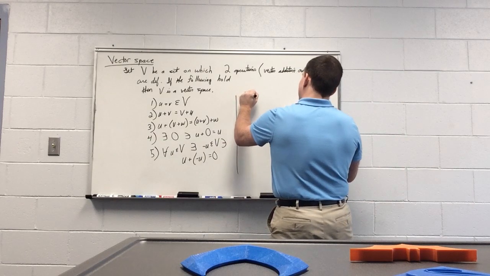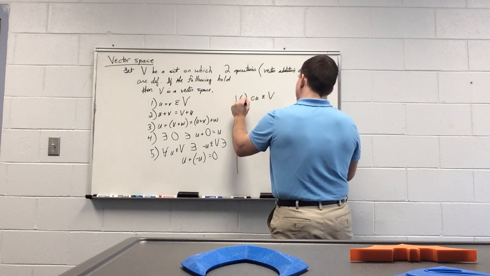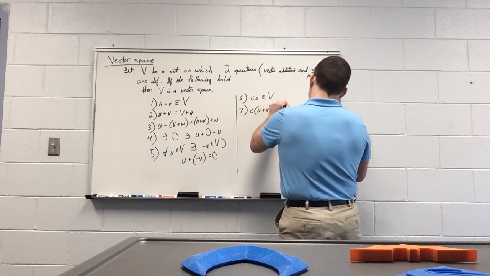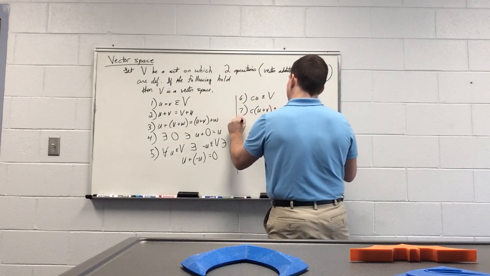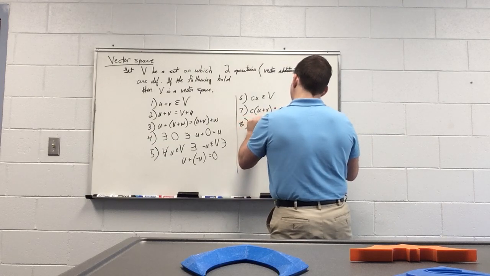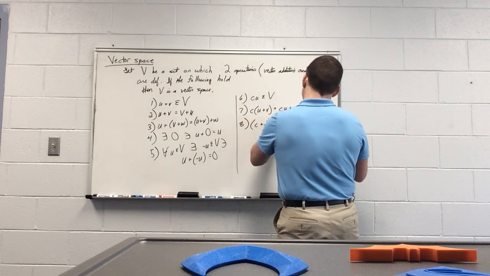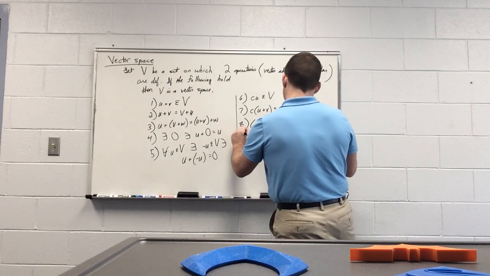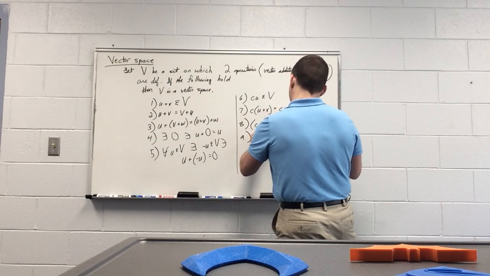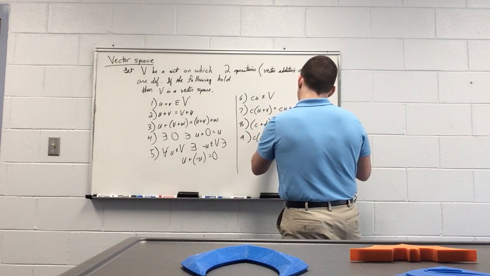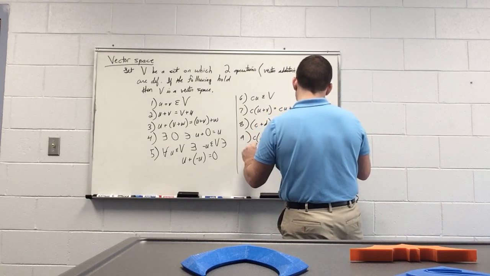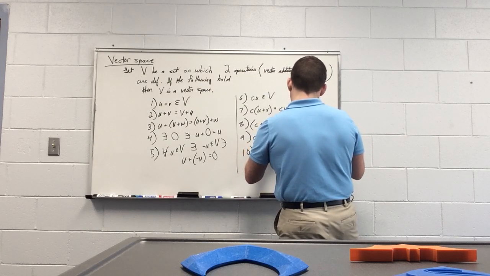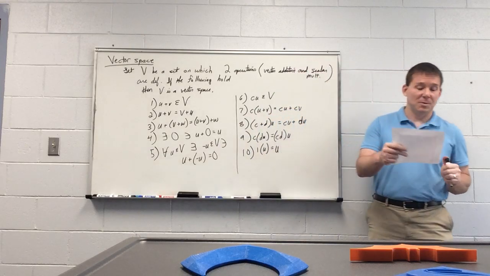Next 5: 6. cu is an element of V. 7. c times (u plus v) is equal to cu plus cv. 8. (c plus d)u equals cu plus du. 9. c(du) equals (cd)u. And 10, 1 times u is equal to u.